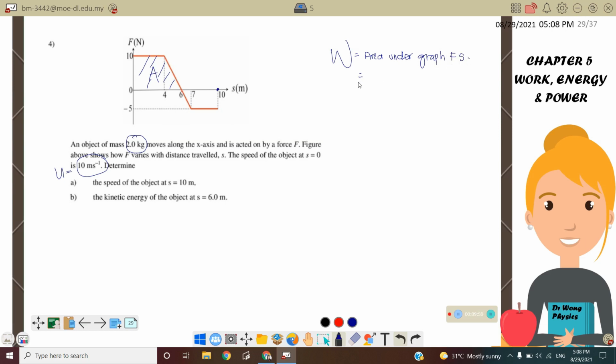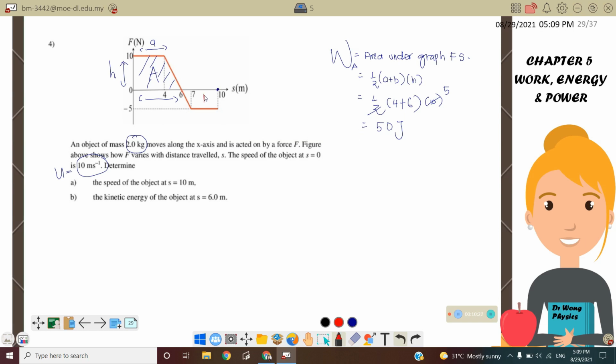This is a trapezium, so we take half (a plus b) times h, where a is 4, b is 6, and the height h is 10 Newton. We get 5 times 10, so you will get 50, and the unit is joule because it's work done. So this is part A.